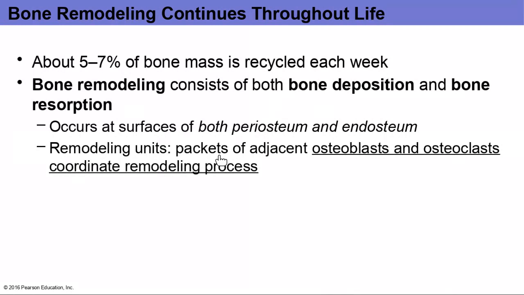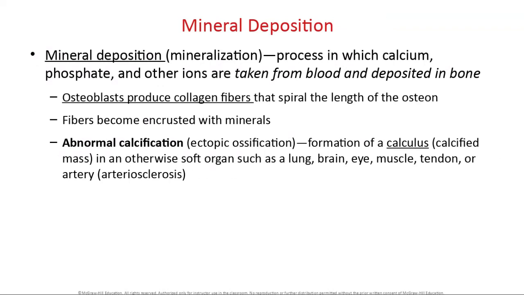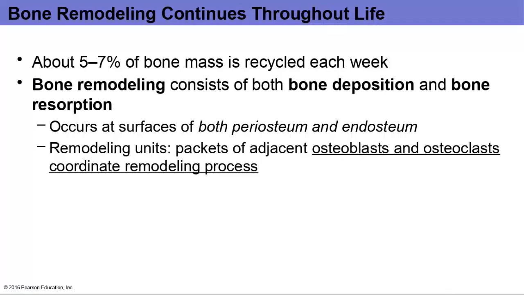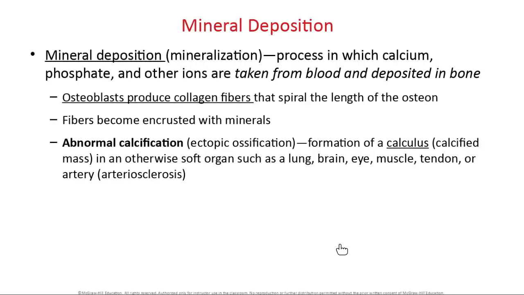We have these little packets called remodeling units, and these are just containing these osteoblasts and osteoclasts that are actually coordinating the remodeling process. But remember that osteocytes are communicators. Osteocytes are going to be communicating between these osteoblasts and osteoclasts, kind of giving them guidance on when to do bone remodeling.